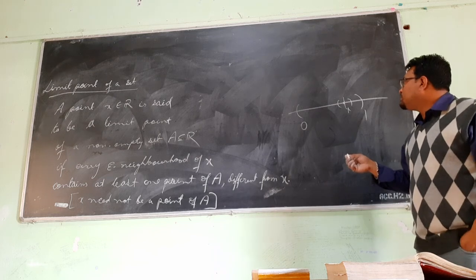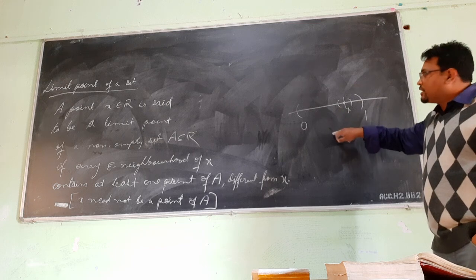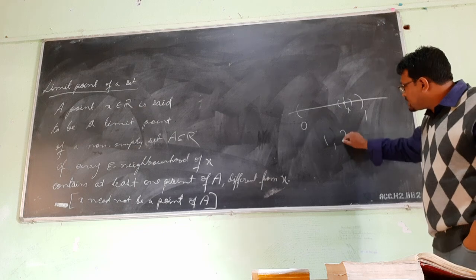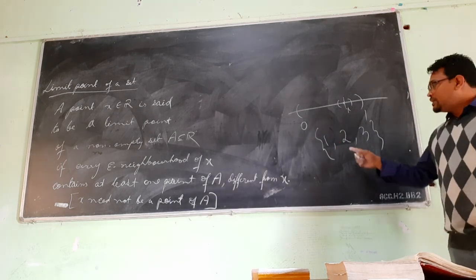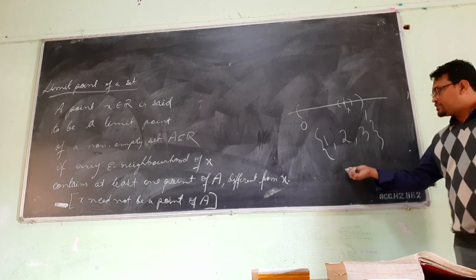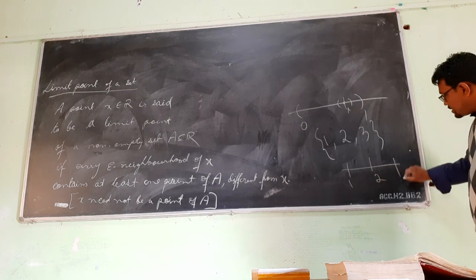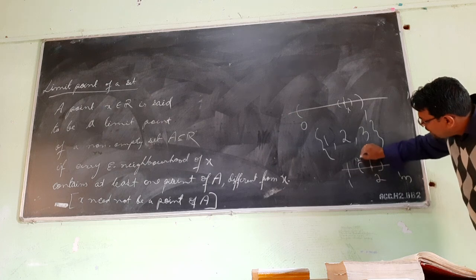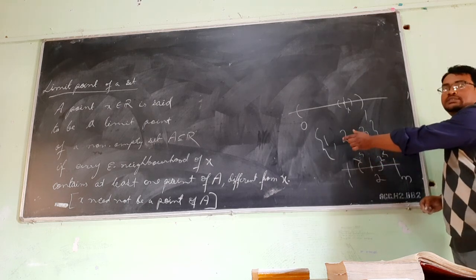But this is for this set. It is not necessary that every point inside a particular set is a limit point. If you take a set like {1, 2, 3}, this set does not have any limit point. The point 2 is not a limit point of this set, because keeping 2 as center, if you take the open interval 1.5 to 2.5, it does not contain any point of this set.